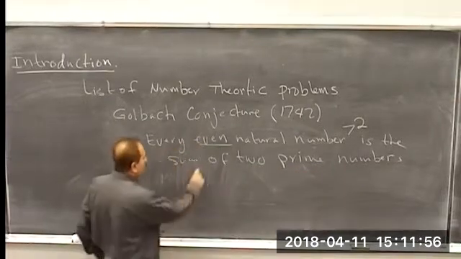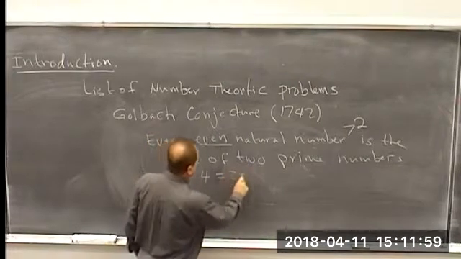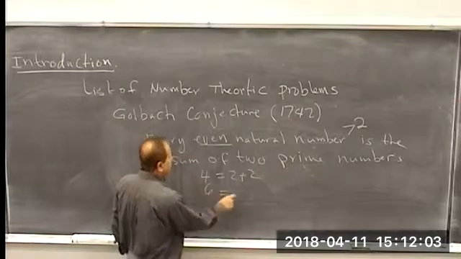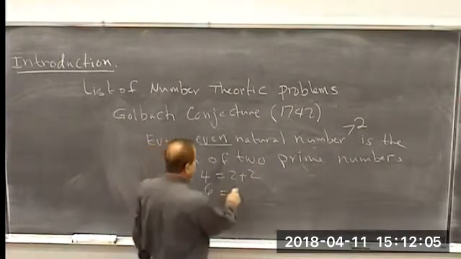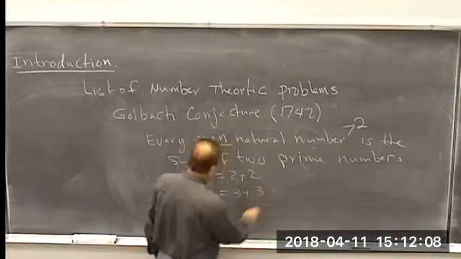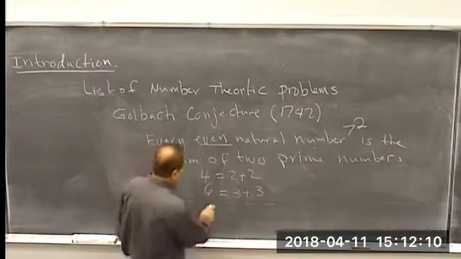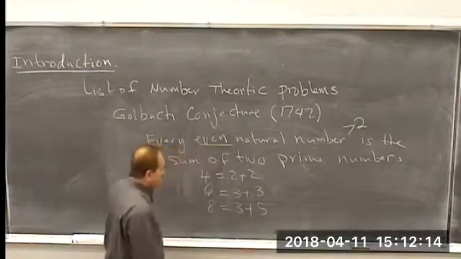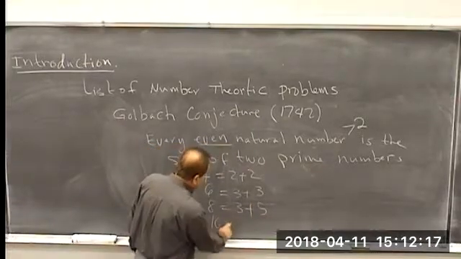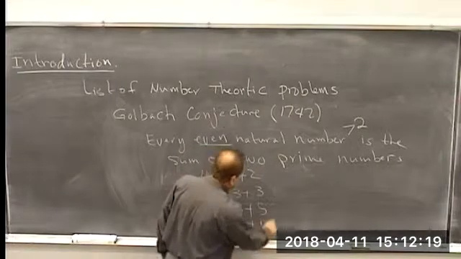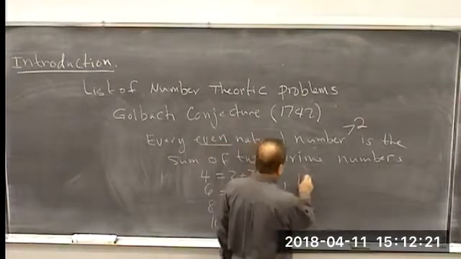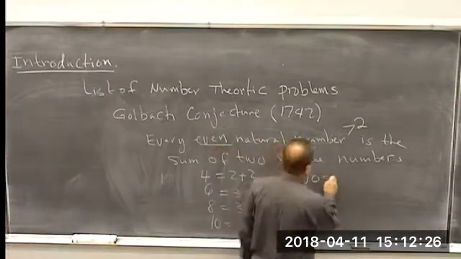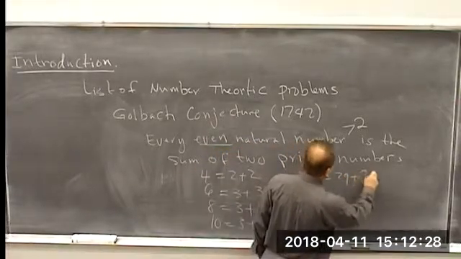So if you go with 4, which is 2 plus 2, and then the next one is 6, which you can write as 3 plus 3, so prime. The next one is 8, 3 plus 5, and 10, 3 plus 7. Let me go one more, 100. It turns out to be 29 plus 71.